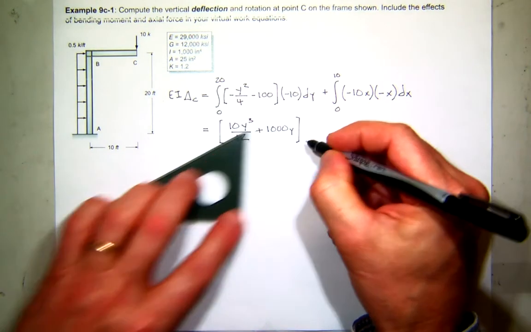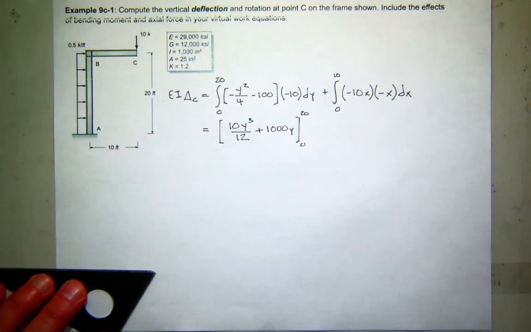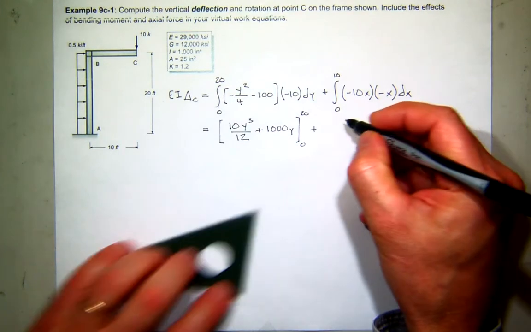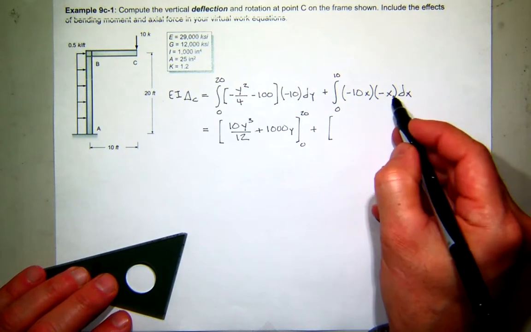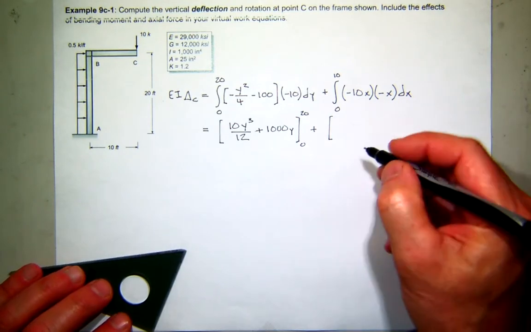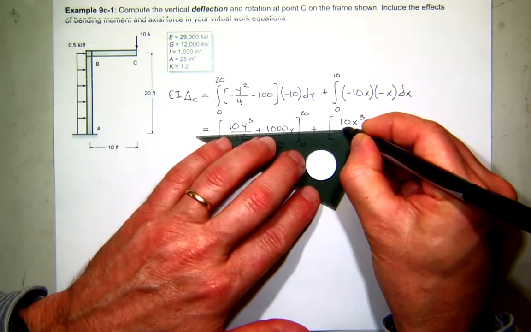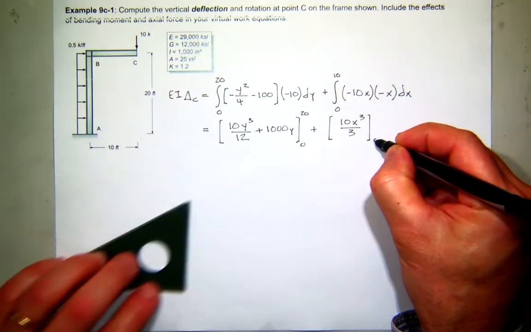And we just have to evaluate that from 0 to 20. Did I do that right? Looks okay to me. The second integral is just, what is that? That's just 10x squared, right? You integrate that, you get 10x cubed over 3, and that just has to be evaluated from 0 to 10.